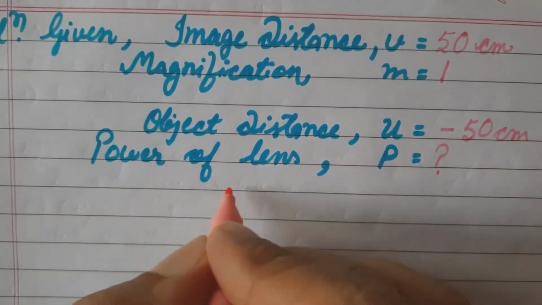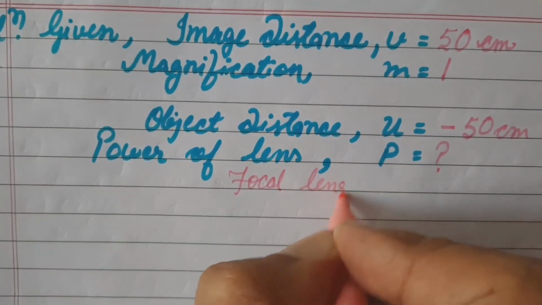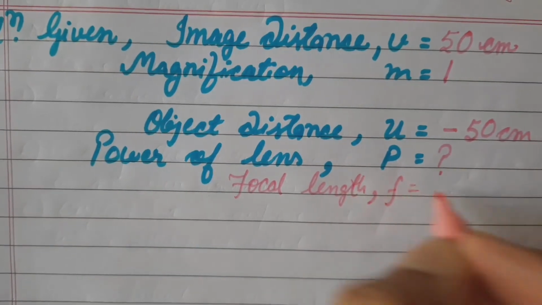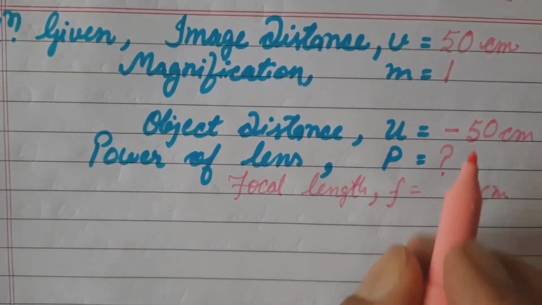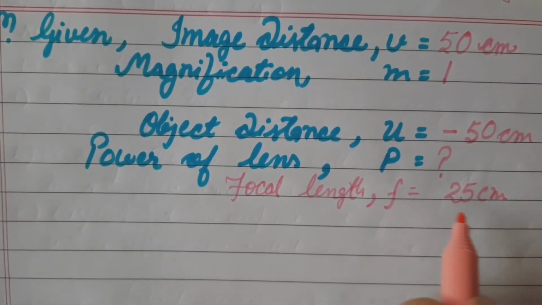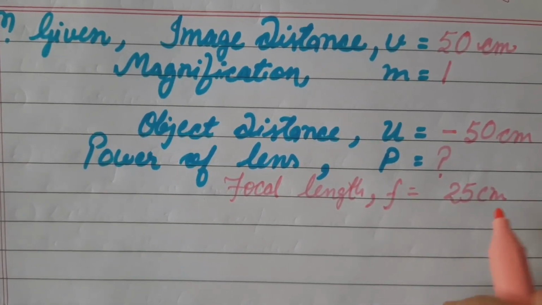That's why the focal length, denoted by small f, will be 25. By sign convention, the focal length of a convex lens is positive, that's why we have written 25 centimeter.